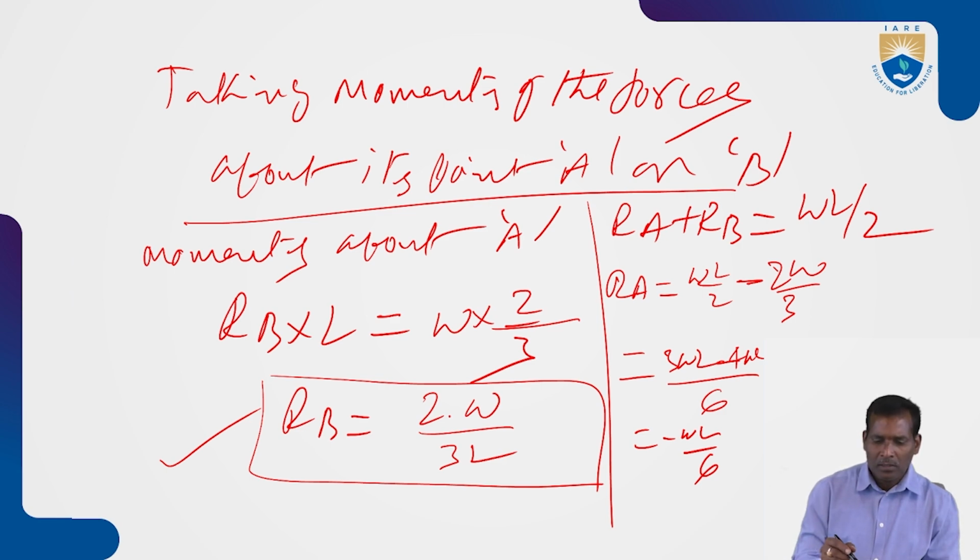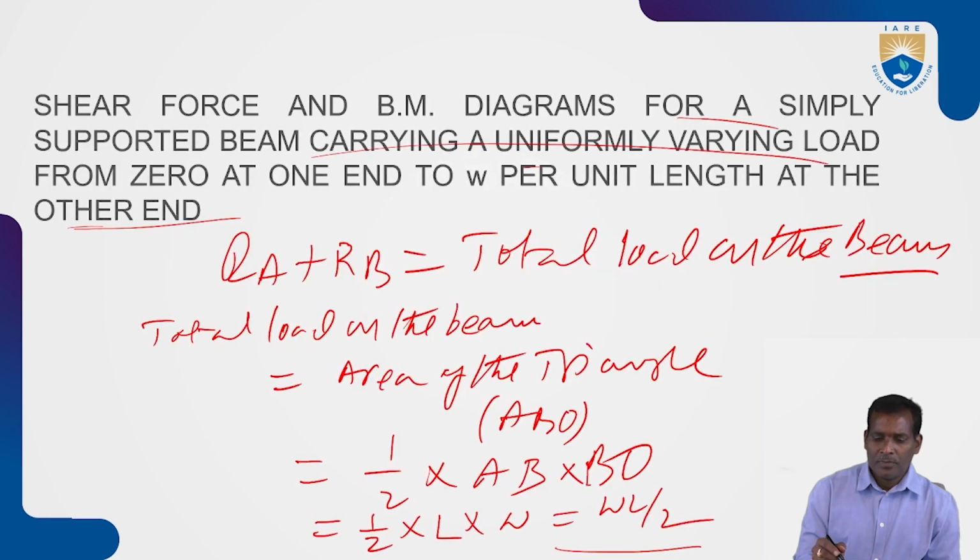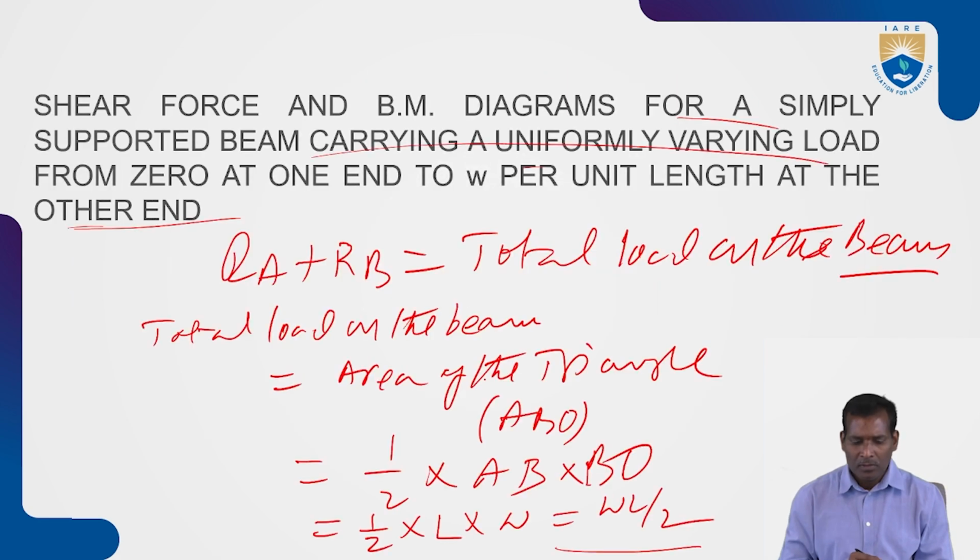So here the force is the total load they have taken, WL by 2 and WL by 2, the total load on the beam.